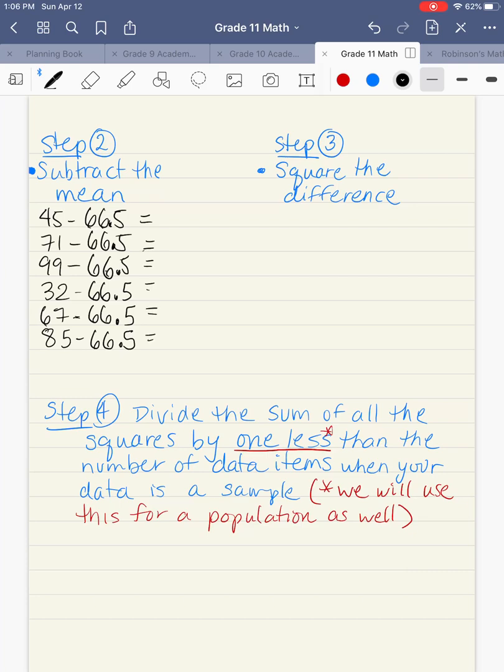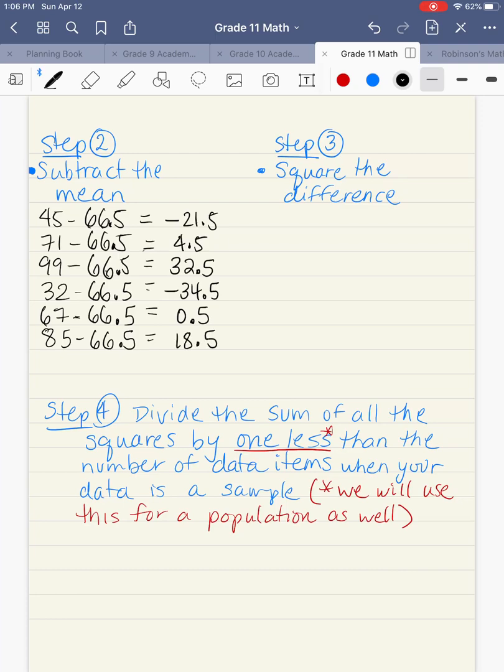Okay, so our first one, we are going to get negative 21.5, and then 71 minus 66.5 gives us positive 4.5. 99 minus 66.5 gives us 32.5. 32 minus 66.5 gives us negative 34.5. And 67 minus 66.5 gives us 0.5. And 85 minus 66.5 gives us 18.5. So that is step 2.